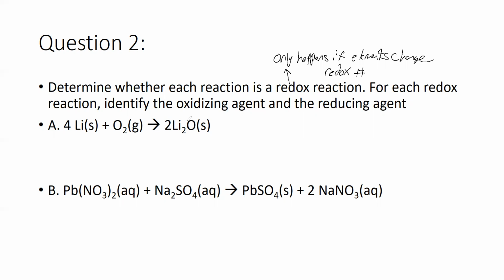So that's the first part of this problem. Then, if you do have a redox reaction, tell me what the oxidizing agent was and the reducing agent. So I'll do A for us, and then I'll let you try and do B. B is easily the most complicated I'll give you.